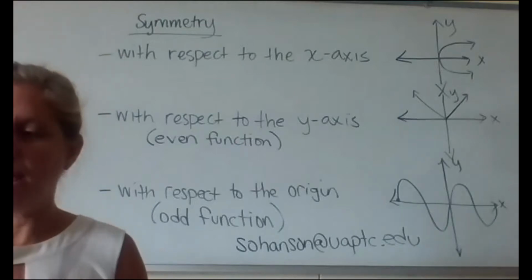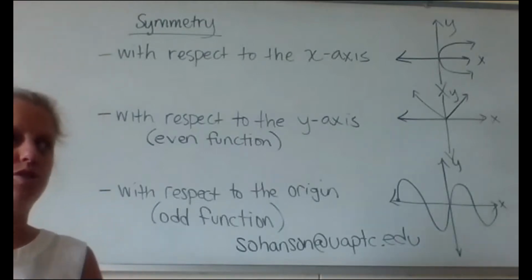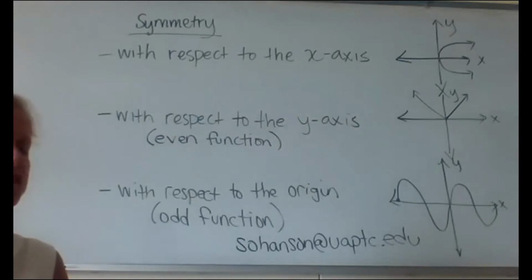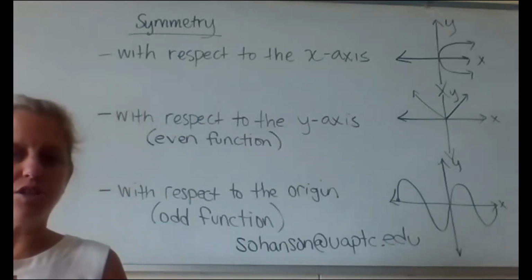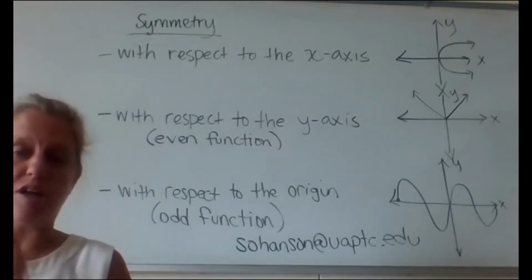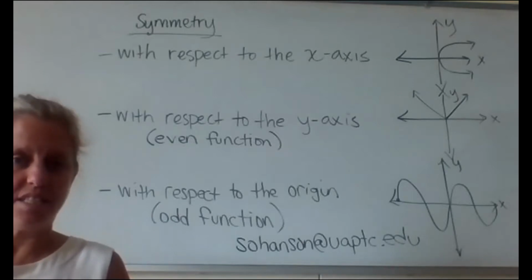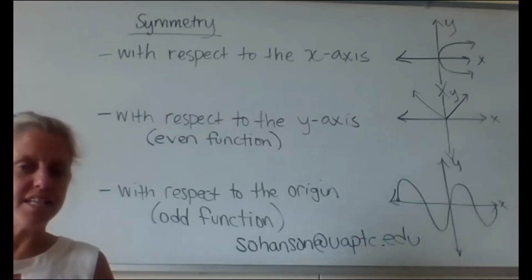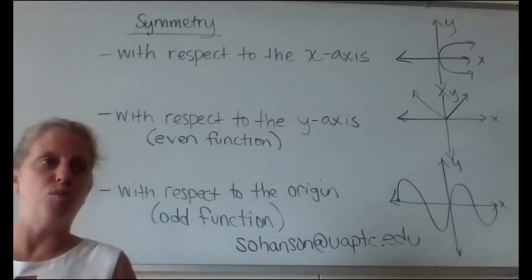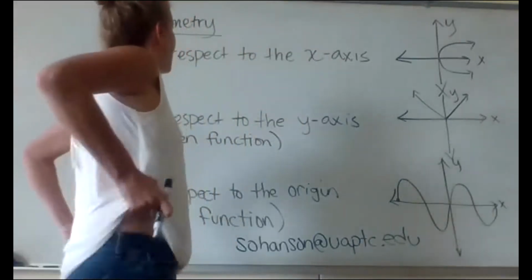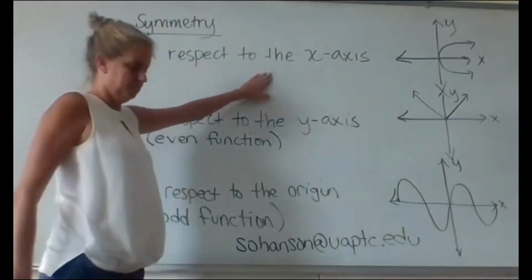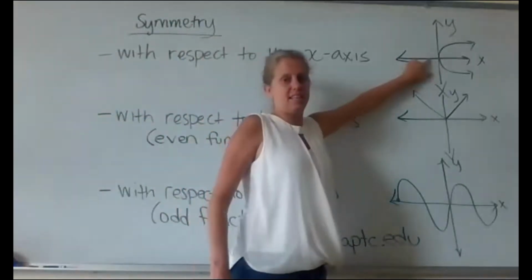Okay? Now, let's get into 7.1, which is talking about symmetry and how graphs are symmetrical. Sometimes they're symmetrical with the x-axis, sometimes they're symmetrical with the y-axis, and sometimes they're symmetrical with the origin. If you are symmetrical with the x-axis, you would look something like this.